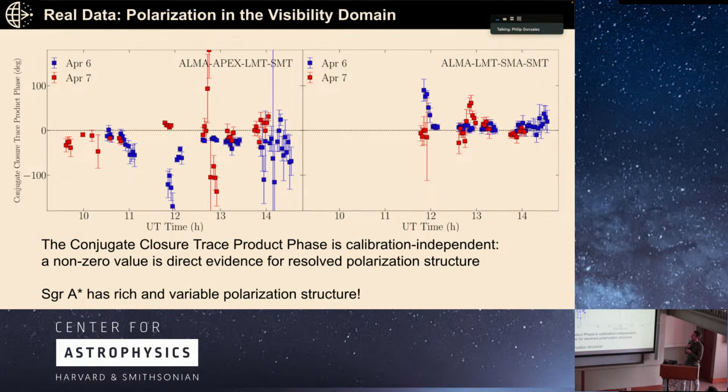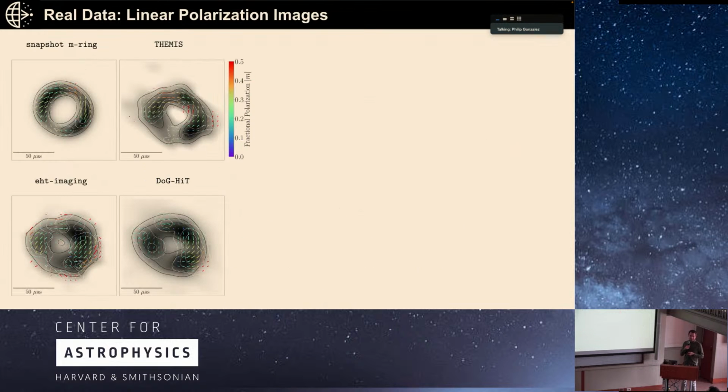And as you can see here, we definitely measure non-zero values, and we also see that they differ, for example, between April 6 and 7. So this is really showing unambiguously that Sgr A* has an interesting and time variable polarization structure.